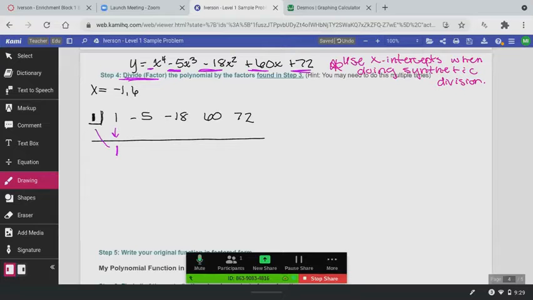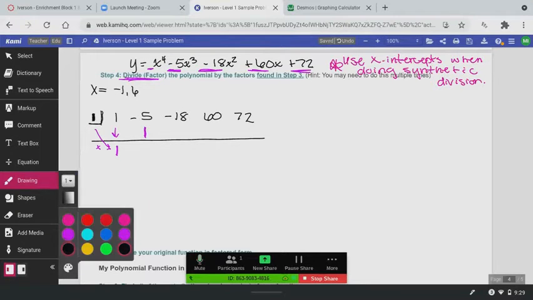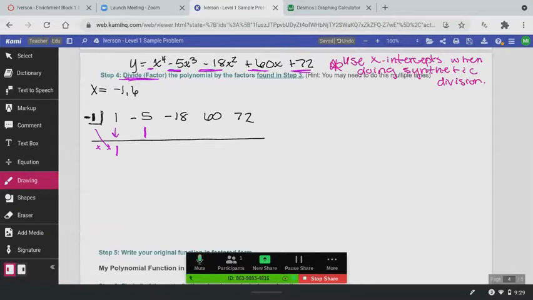Now I'm going to take 1 times 1, which equals 1. Oh, goodness. Look at me messing up already. We're going to put a -1 here. So I'm going to take -1 times 1, which equals -1. Now I add down my columns.